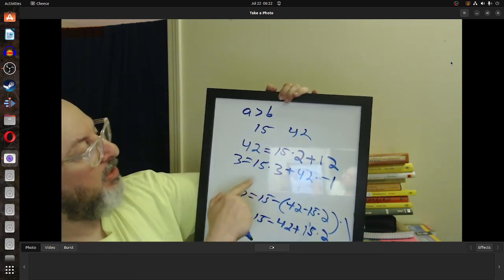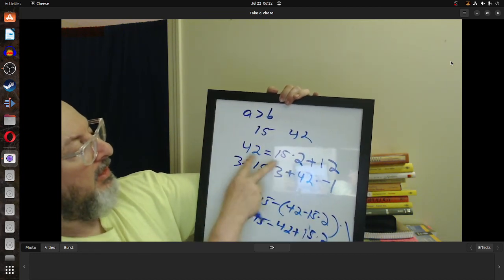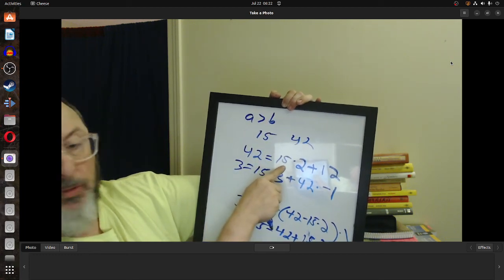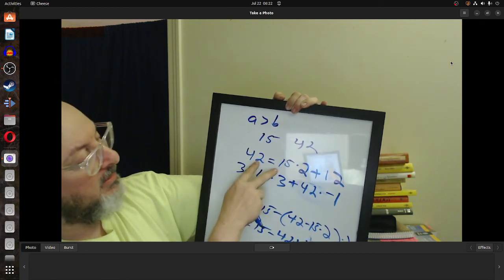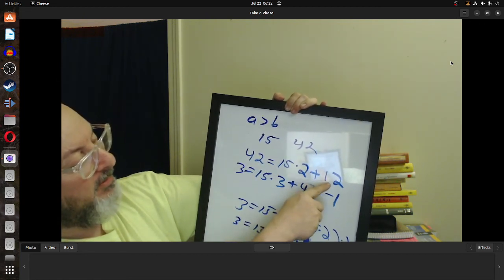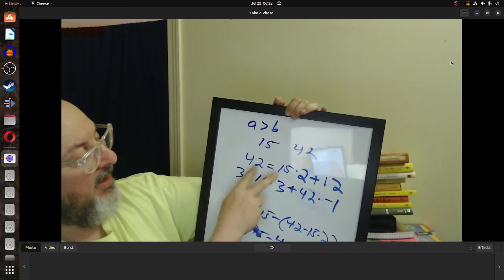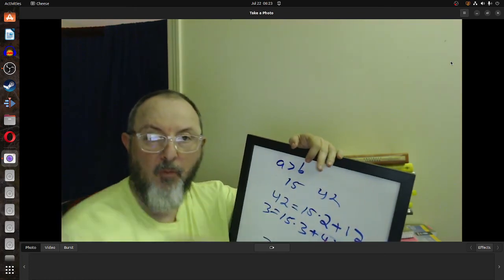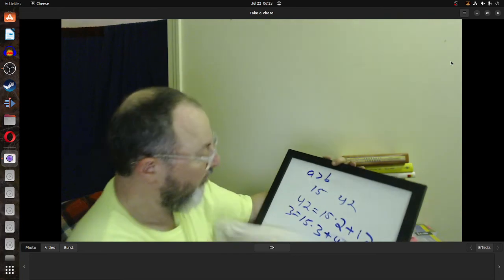You know it's going to work at the end because the very last remainder is going to be one of the numbers minus a multiple of the other. So whatever this remainder is, it's going to be in the next step. And so you'll get a linear combination. I hope that makes sense. And so that's the division algorithm.